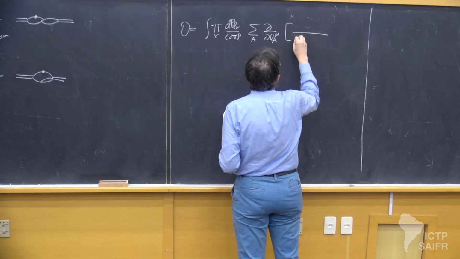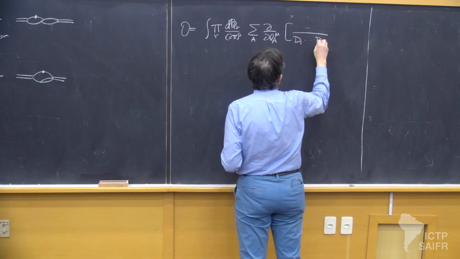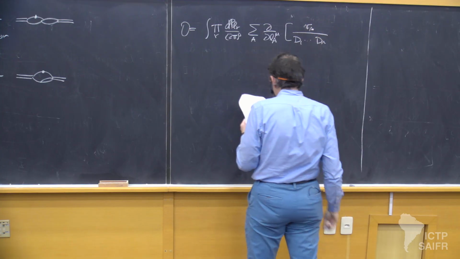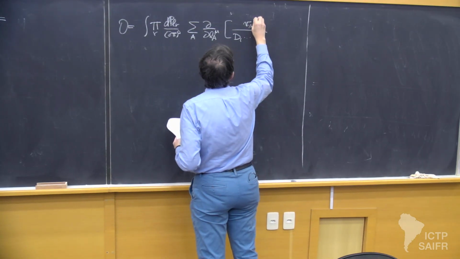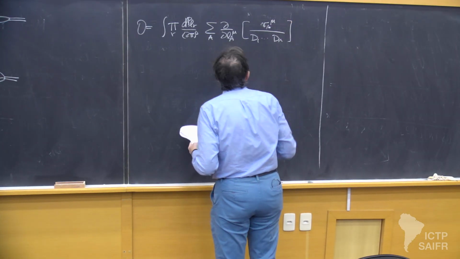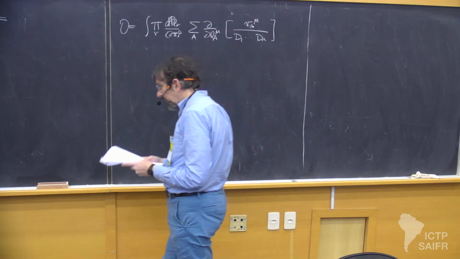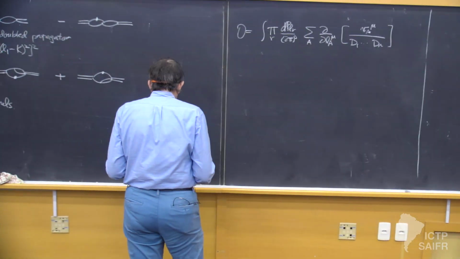And then we have some number of denominators, and a corresponding set of vectors which are associated to each of the loop momenta. So the index A is explicitly summed over.